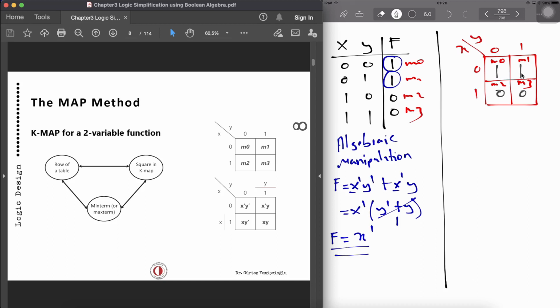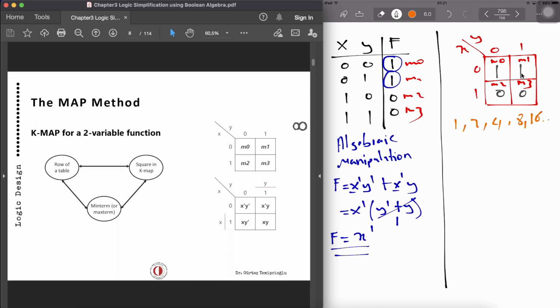Now, this is the rule of the map method. We can combine the ones. We can have a combination of 1, 2, 4, 8, 16, and it goes like that. So it's always powers of 2. Okay?